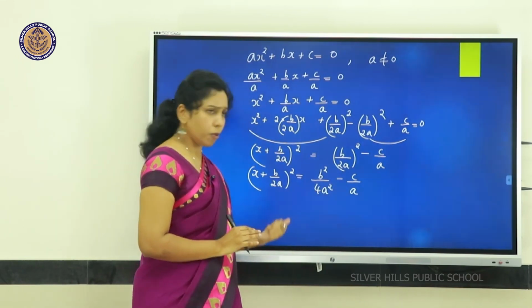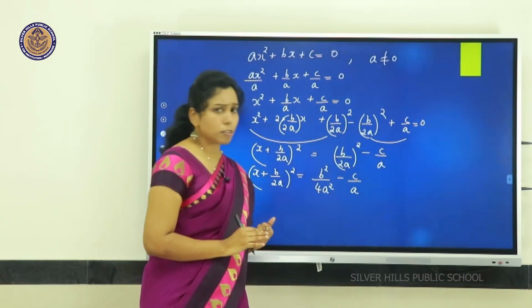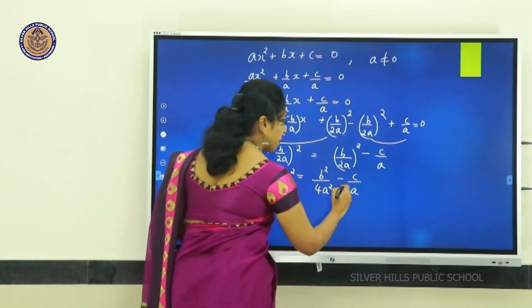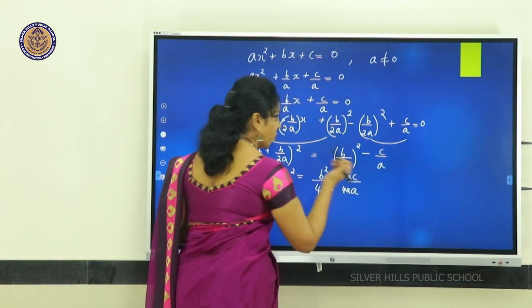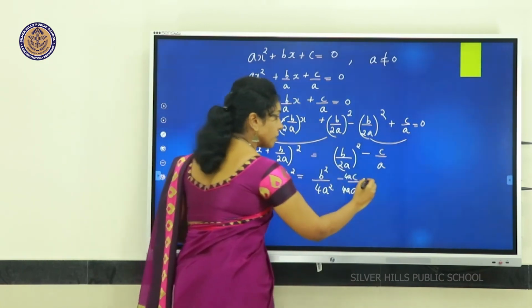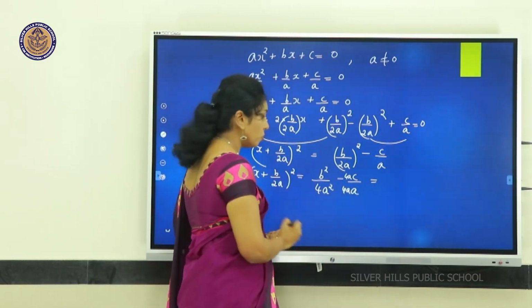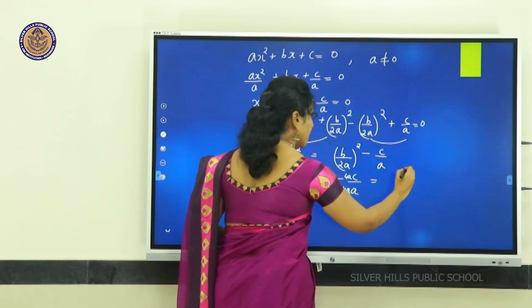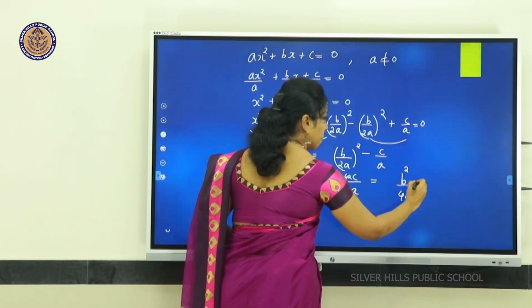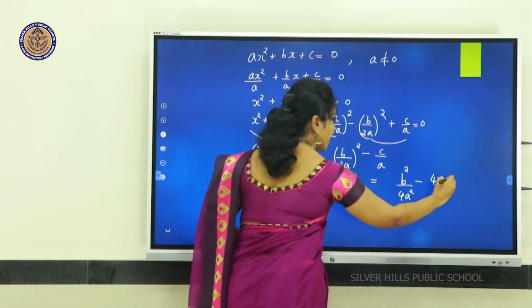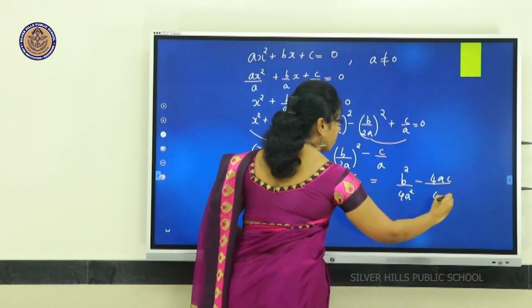So here it is 4a square. So how can you make this 4a square? Just multiply with 4a. Here also you multiply with 4a. So this gets modified to, this is equal to b square by 4a square minus 4ac by 4a square.